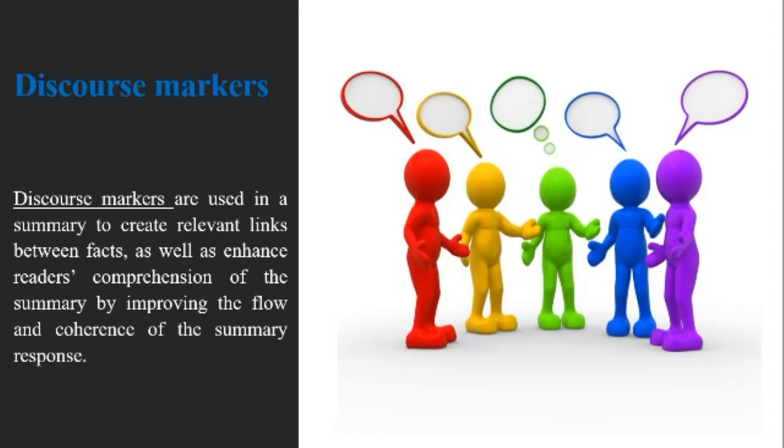Discourse markers give your summary response fluency, coherence, and logicality, because the ideas that each paragraph communicates would be connected. So discourse markers help connect the ideas in our individual sentences, and they have a way of making a paragraph complete and fluently intelligible.